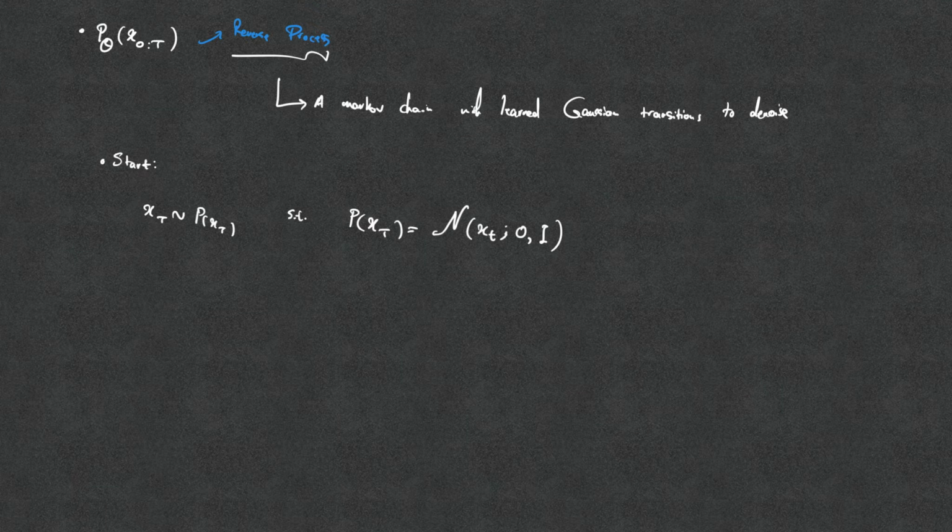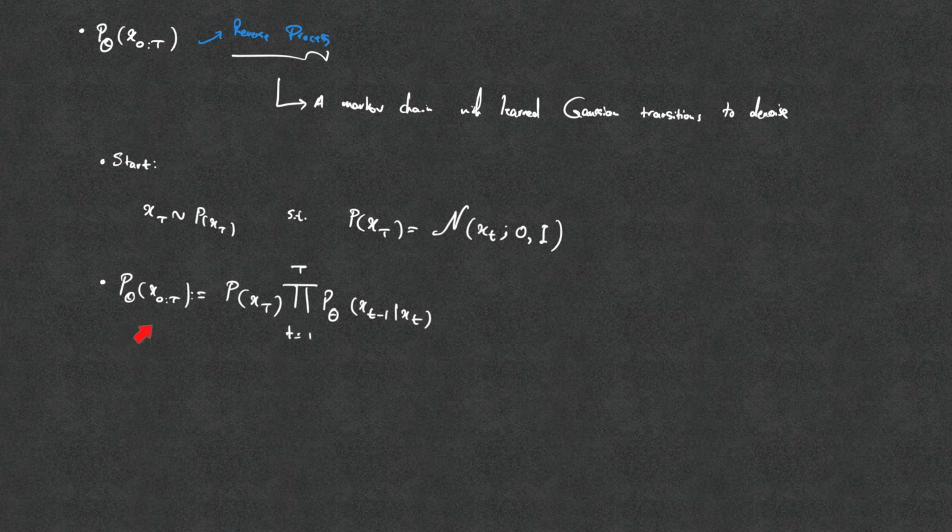What that means is that let's say you sample xt from a well-defined distribution, for example, a Gaussian distribution, N(0, I), 0 being the average, I being the covariance matrix. You define the p theta of x0 to xt, or in other words, the reverse process, like this. So what this means is multiple things.